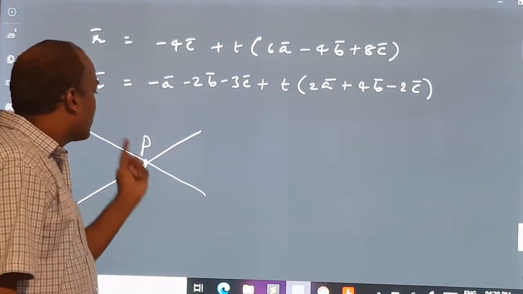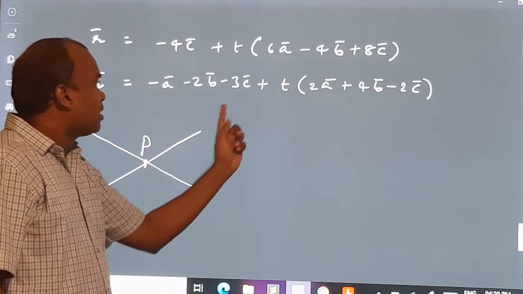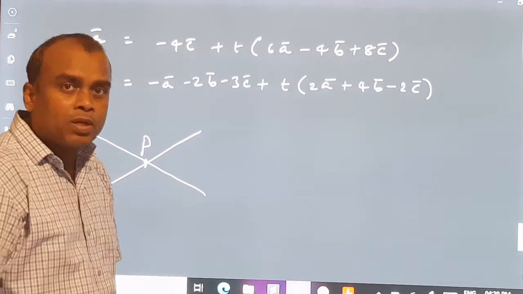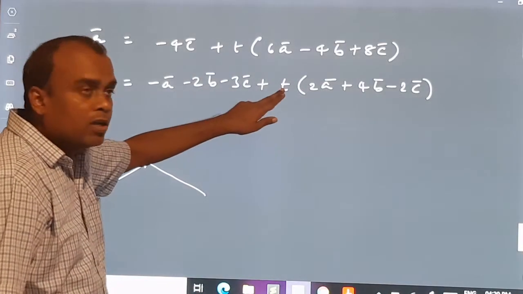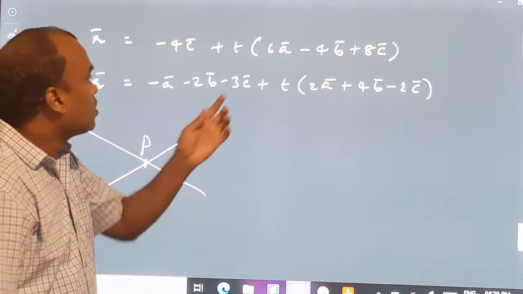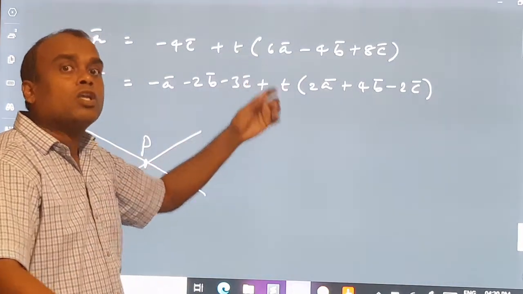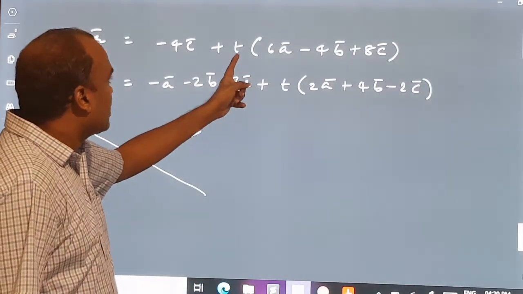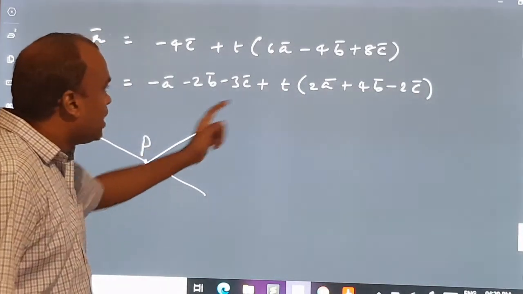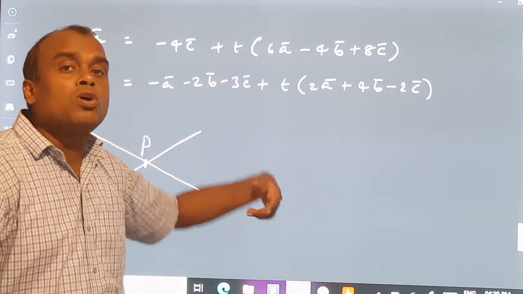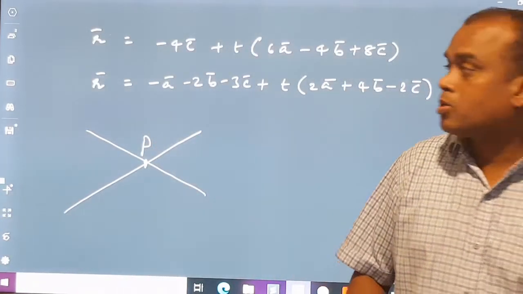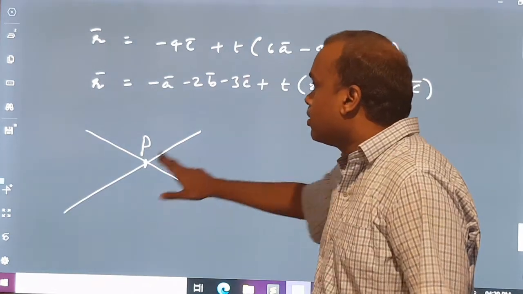This may become p while moving on this line for some other value of t. So these two values of t for which these become p need not be the same. So if for t it becomes r bar over here, then this need not become p for the same t. So we use some other symbol here, say s. Understood? So I am using t and s for p.